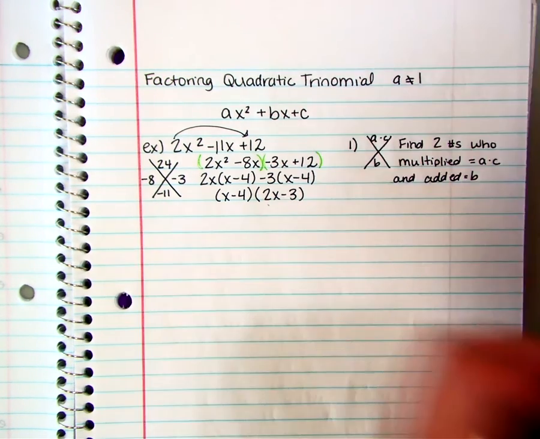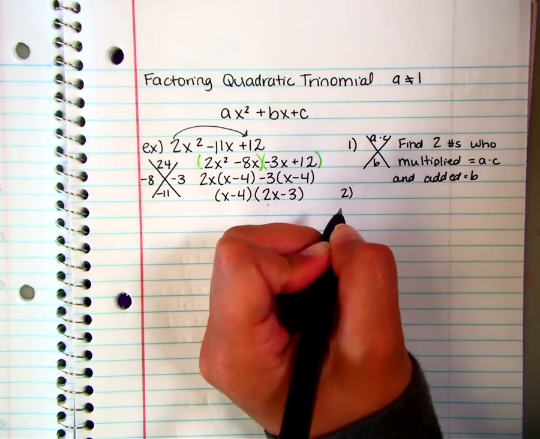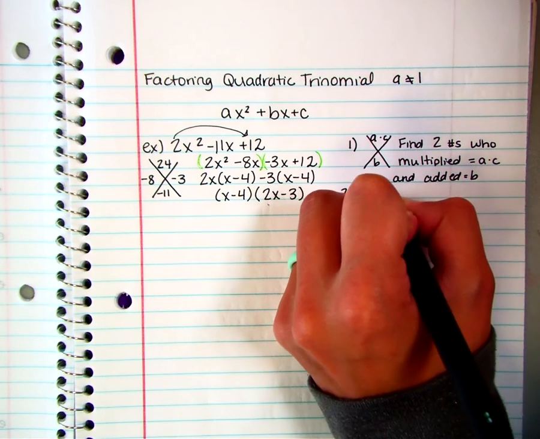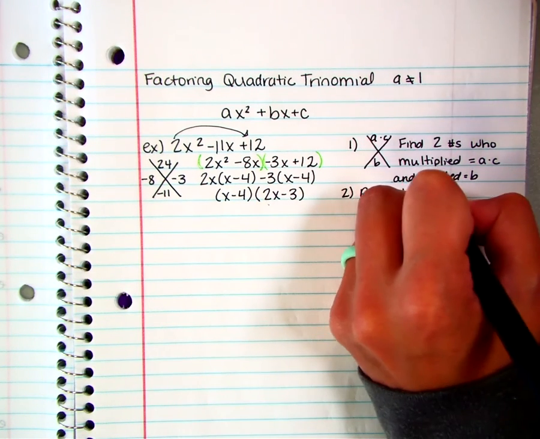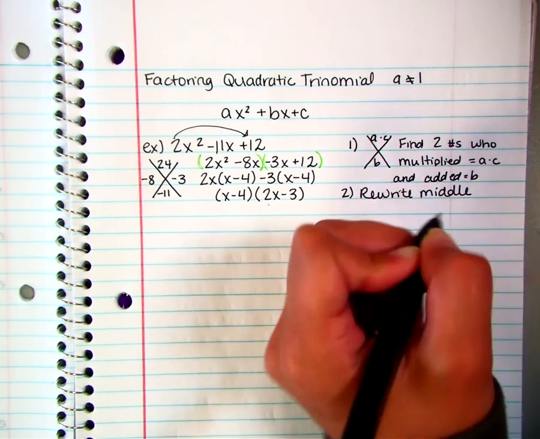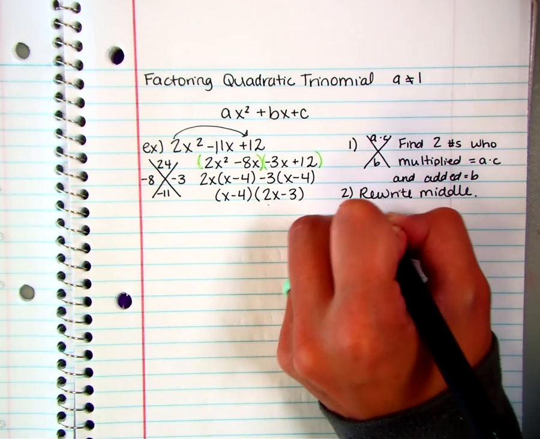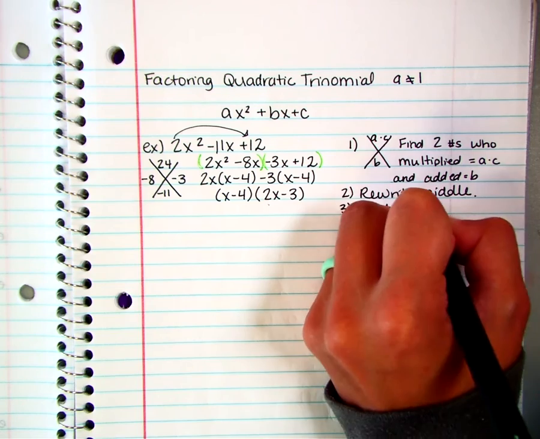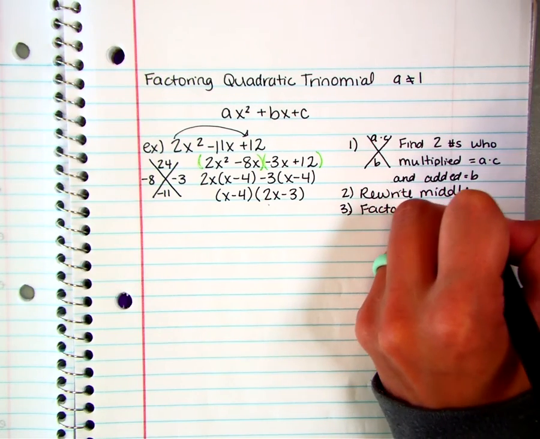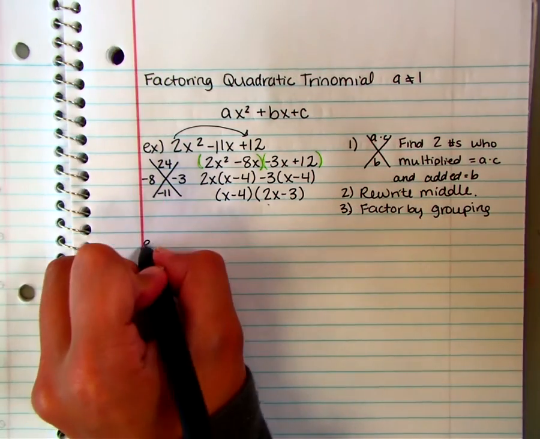And then you're going to rewrite the middle term, so you've got 4 terms. And then you're going to factor by grouping. So we'll do another example.